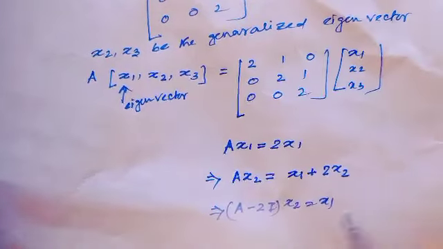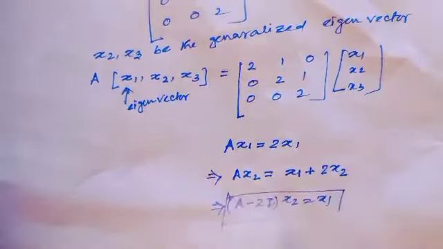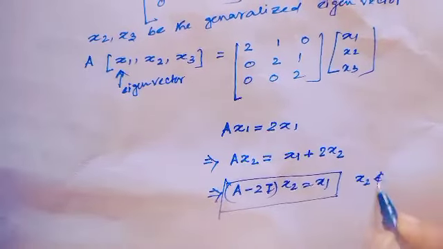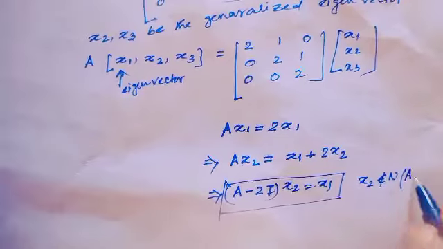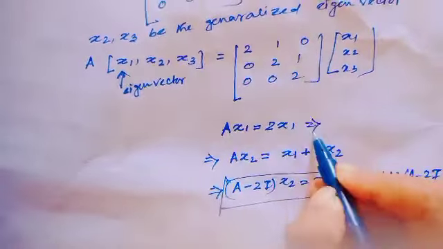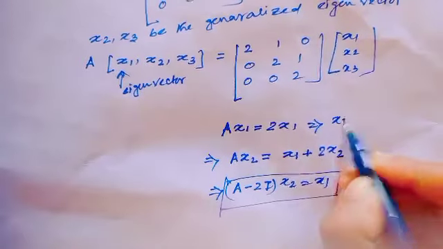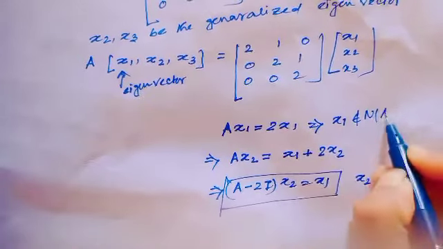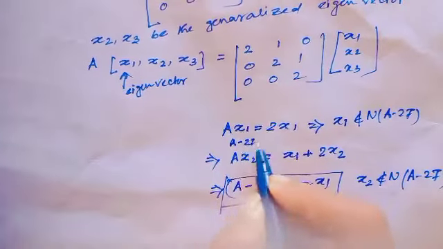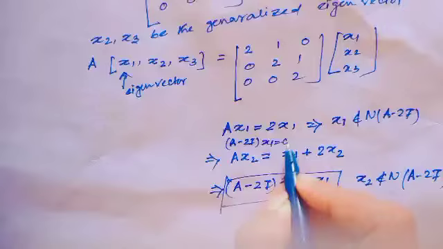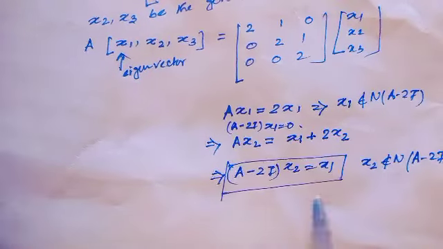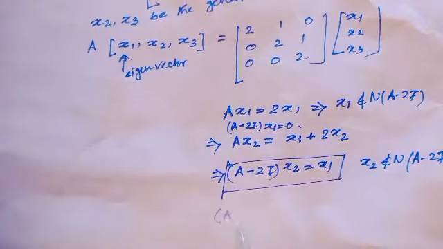So from this expression we can tell x2 does not belong to the null space of A minus 2I. But x1 belongs to the null space of A minus 2I, because (A minus 2I) times x1 equals 0. Now multiply this equation by A minus 2I.